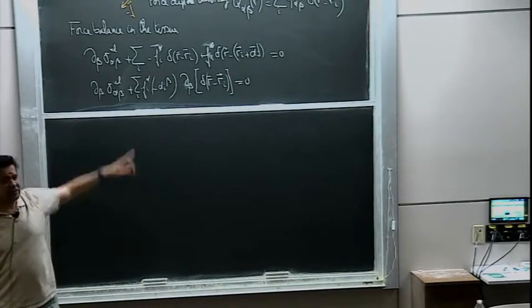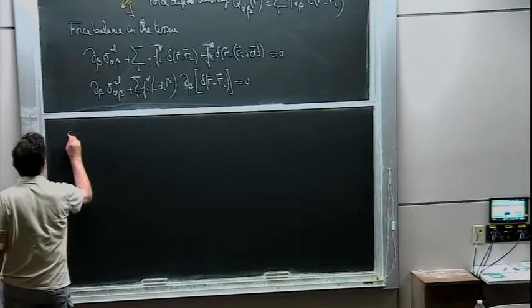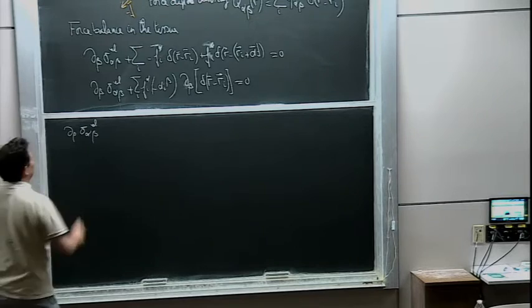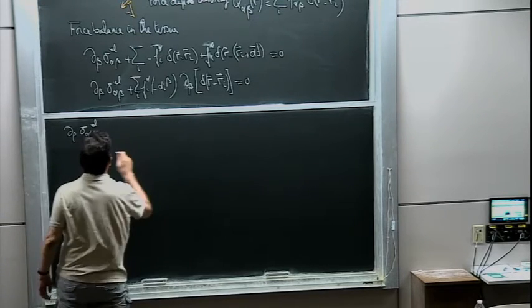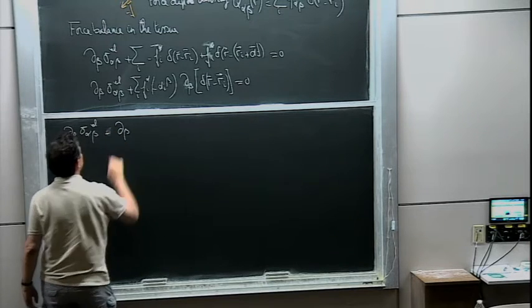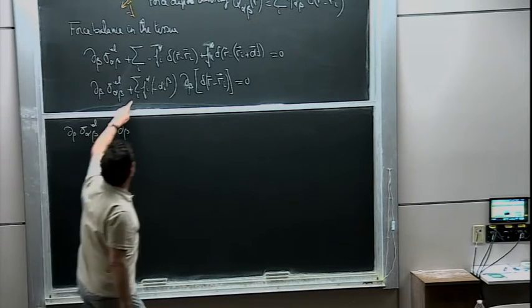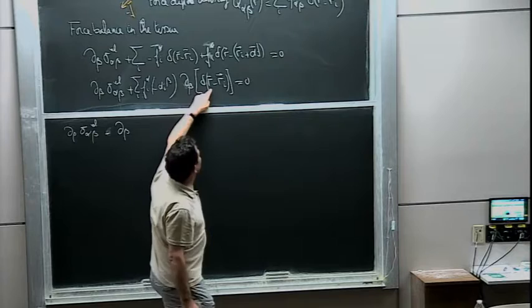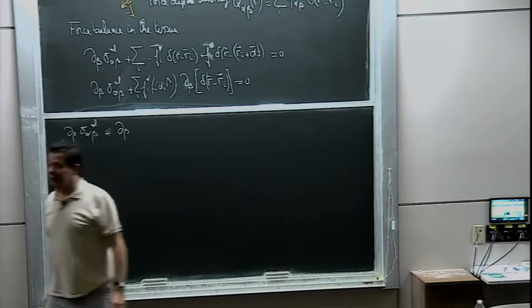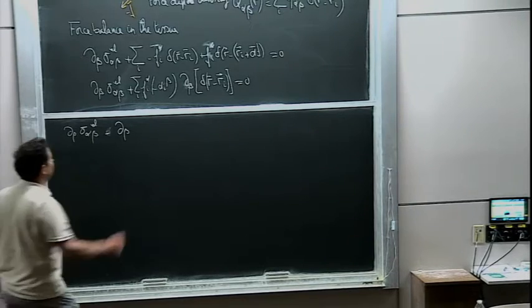So I can rewrite this force balance equation, ∂_β σ_αβ^elastic plus ∂_β, there's a minus sign, minus ∂_β, and sum over i of Q_i^αβ δ(R − R_i) is just the force dipole density, so it's Q_αβ.